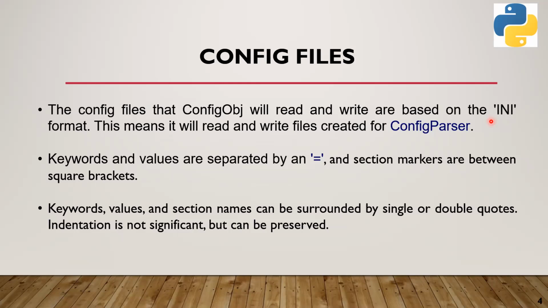This ini format is very similar to what you find in Microsoft Windows ini files. So this ConfigParser, which I have written over here, means that it will read and write files created by ConfigParser. My config object file is actually created using my ConfigParser.